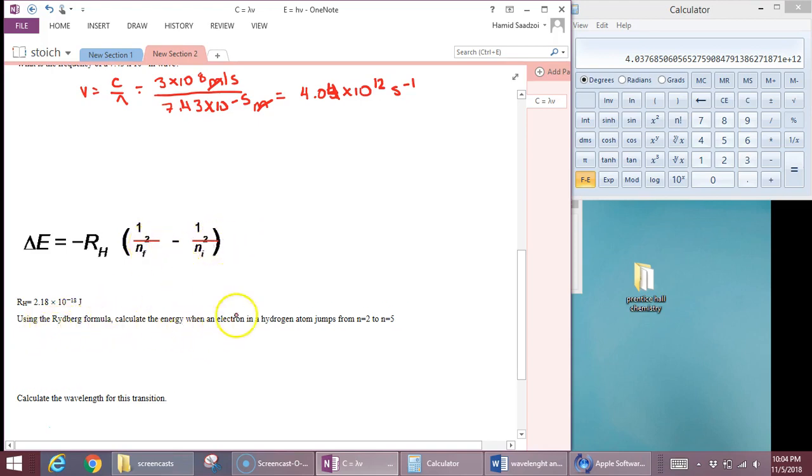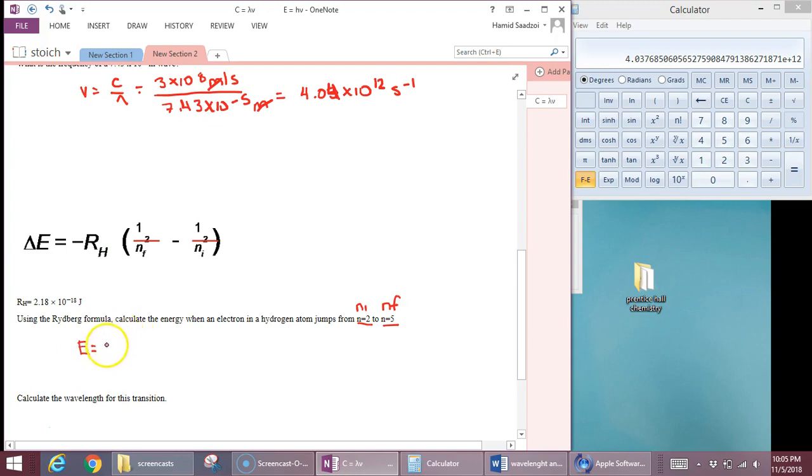So in this situation, you want to figure out what happens as the hydrogen jumps from n equals 2 to n equals 5. So this is your NI, this is your NF, because you're going from 2. So that gives you that initial and final. So we're going to calculate the energy. To calculate the energy for this, we're just going to plug it into that equation.